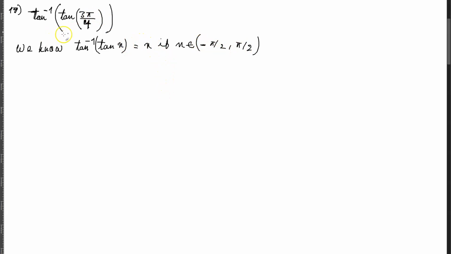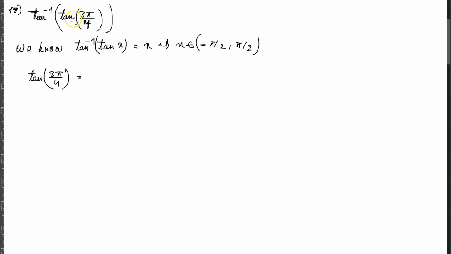Now in order to bring this back, I can write the tan of 3 pi by 4 as, so I can basically choose pi, for example.